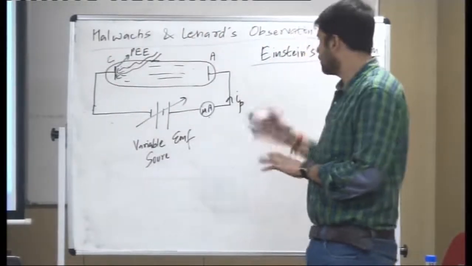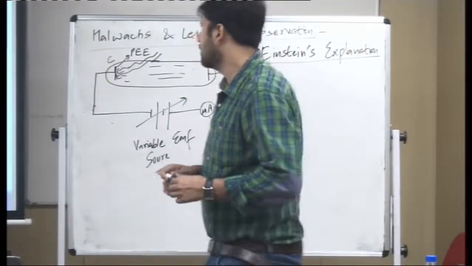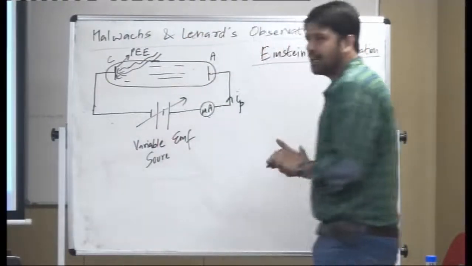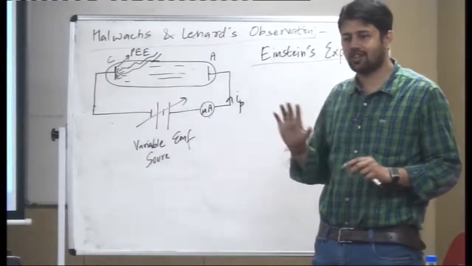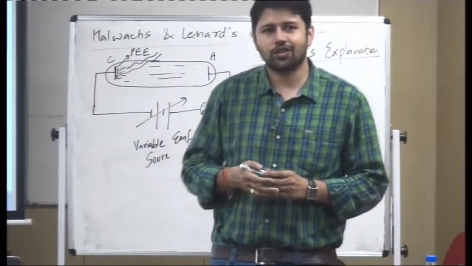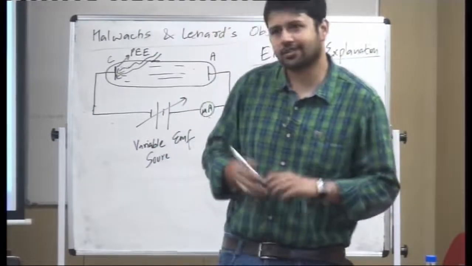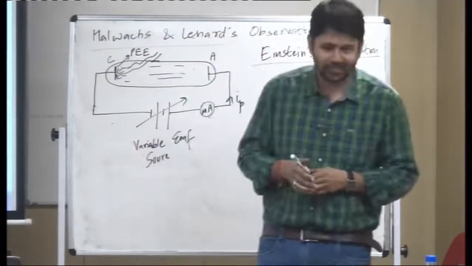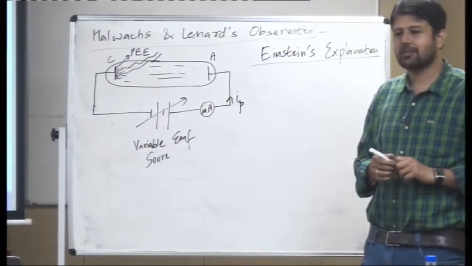We would be handling only his equation, Einstein's equation. Einstein was given the Nobel Prize for this and not for the theory of relativity. People think he was given the Nobel Prize for relativity, but there's a misconception.